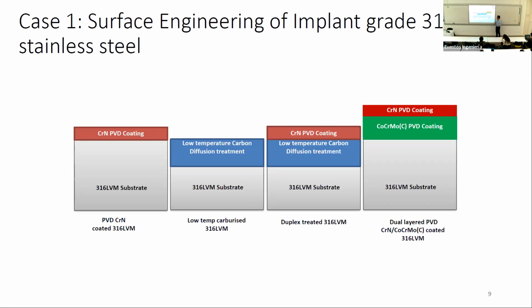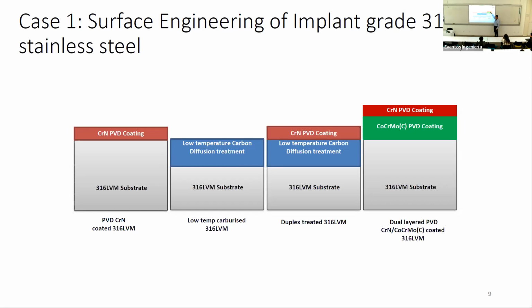And then over here, we have a completely different technology. Over here, both layers were made by coating, by magnetron sputtering, PVD, physical vapor deposition. So we had the 316 substrate. It was coated with a cobalt chrome molybdenum carbon coating, so it's a cobalt chrome molybdenum S-phase layer.